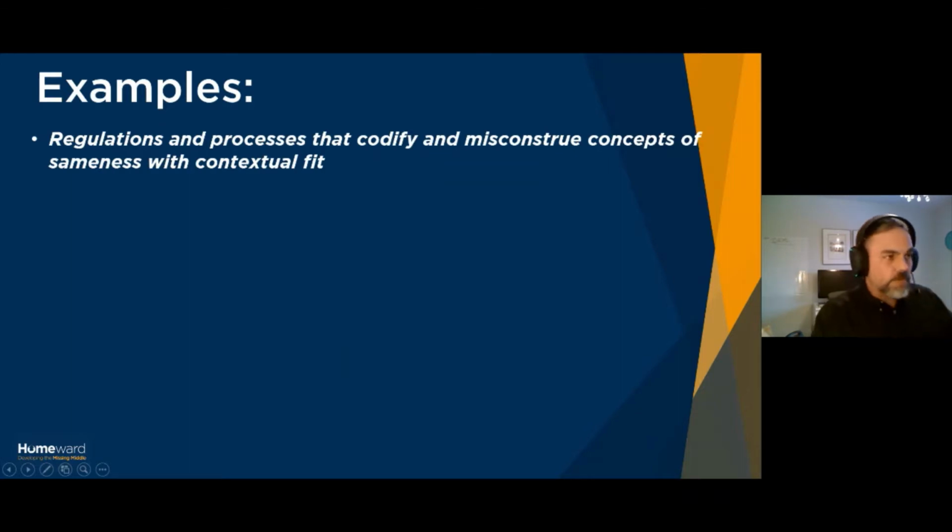So the first example is we have regulations and processes that codify and misconstrue concepts of sameness with contextual fit. As someone who, as you saw in the previous slides, has worked in the public sector, also as a consultant, and now in the development industry, I see it particularly on the municipal side: we set up these regulations that don't allow for any change because we have a misunderstanding of urban design and how communities evolve over time and the form that housing takes as neighborhoods change over generations.